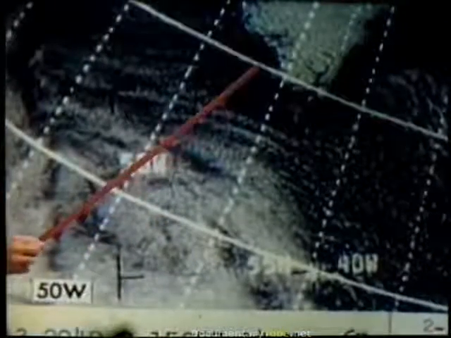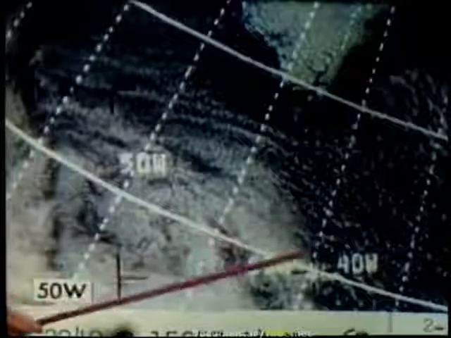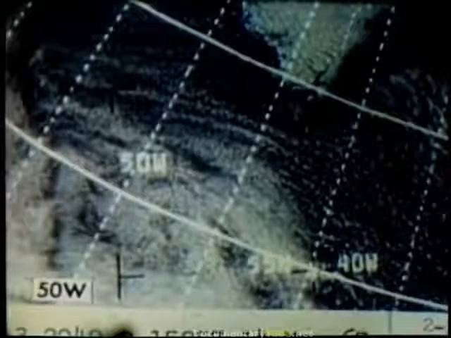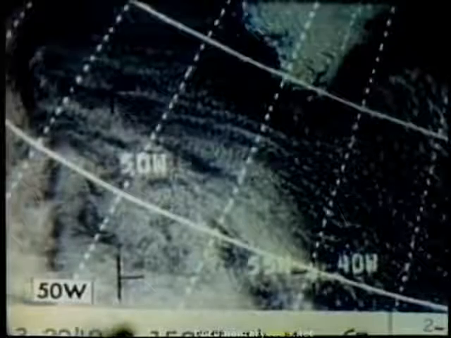When you see an open cellular cloud pattern, you're looking at cumulus clouds, towering cumulus, and occasionally cumulonimbus. Open cellular cloud patterns have cloudy walls and clear centers. They are associated with cyclonic flow and with cooler air over a warmer water source, usually the ocean.